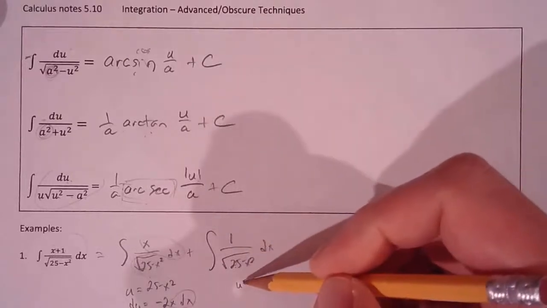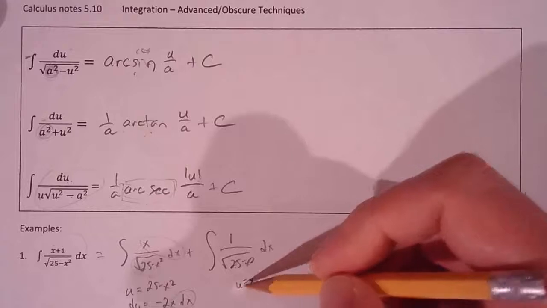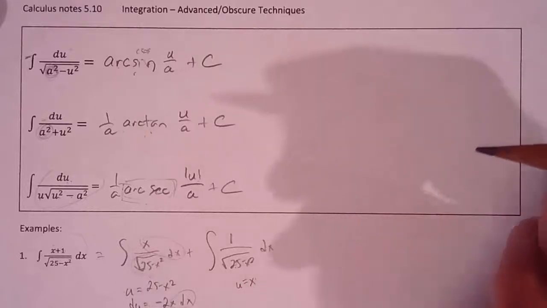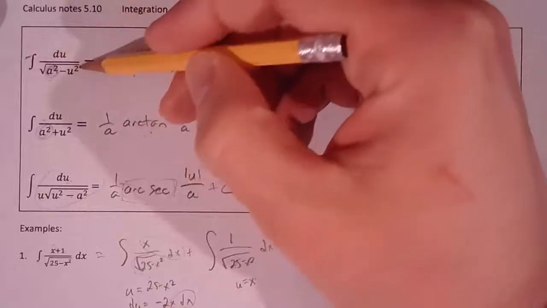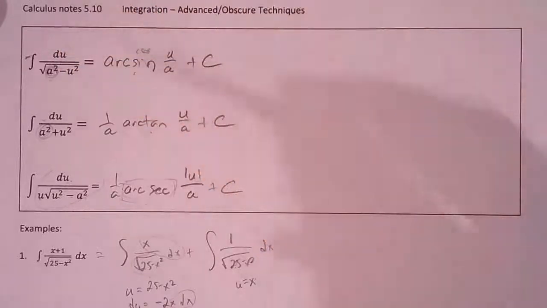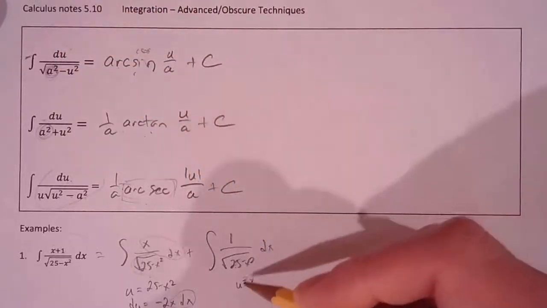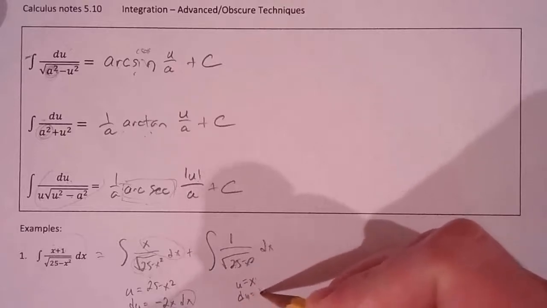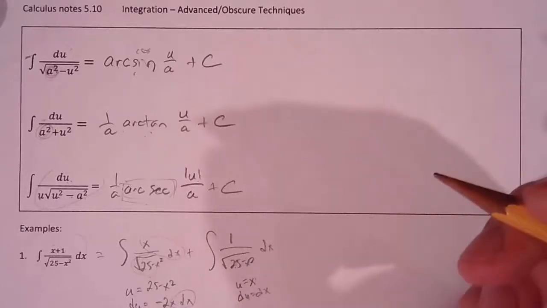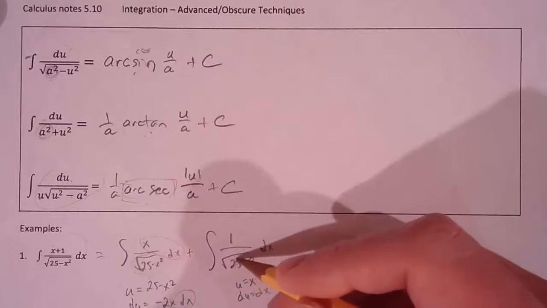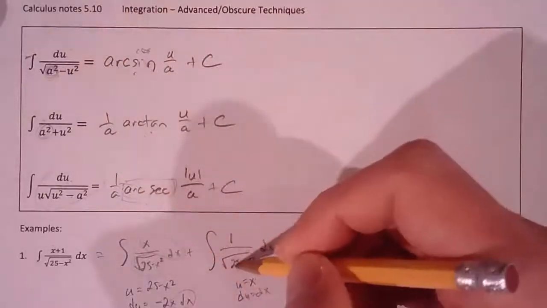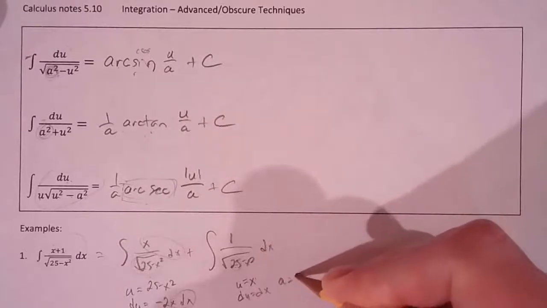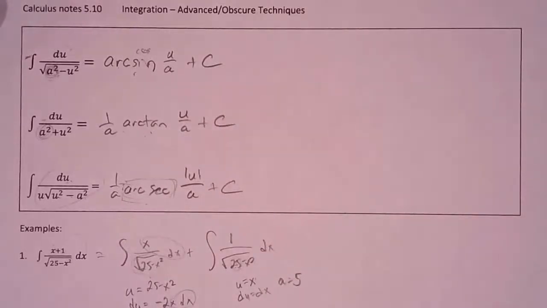If you were doing u sub and you're letting u equal x, you're just exchanging one variable name for another, and you're really not making any progress. But here, it's more complicated than that. There's constants involved as well. So we can let u equal x, du would result in dx, and then we have this constant here, a squared is 25, which means that a is just plain old 5.